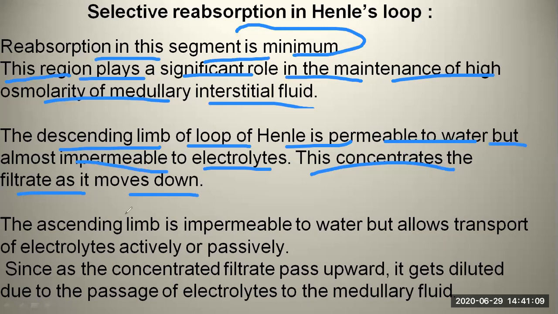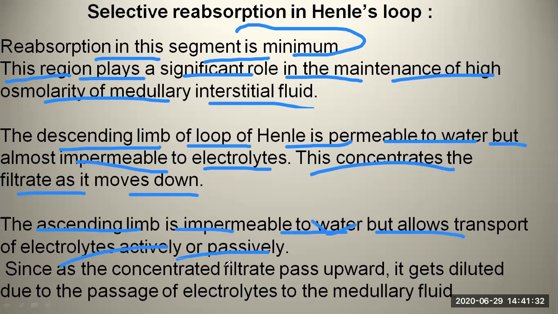And just the inverse happens in the case of the ascending loop of Henle. The ascending limb is impermeable to water but allows the transport of electrolytes actively or passively. So they can be moved both actively or passively, but you should know this is impermeable to water.